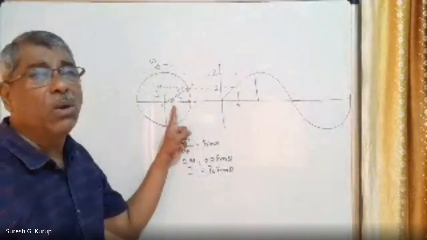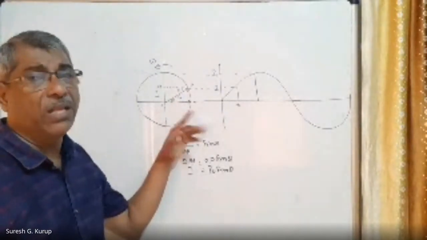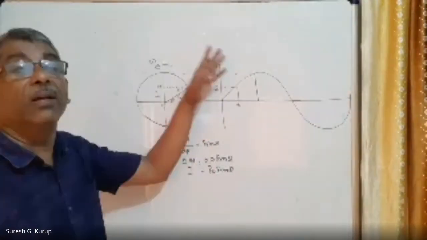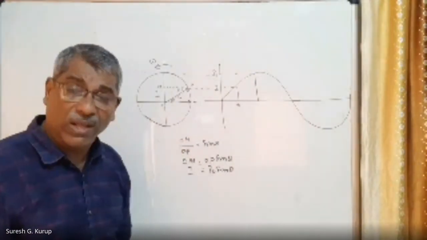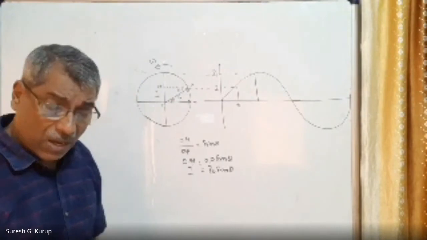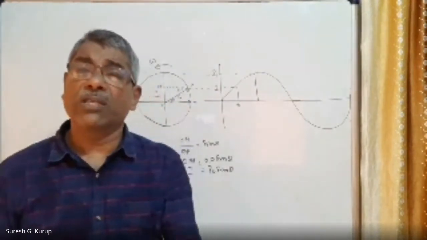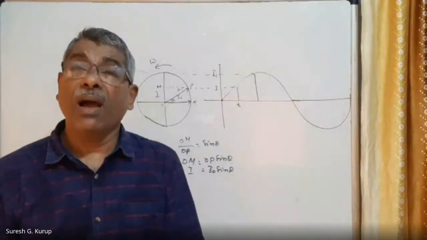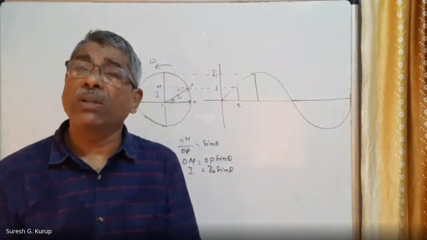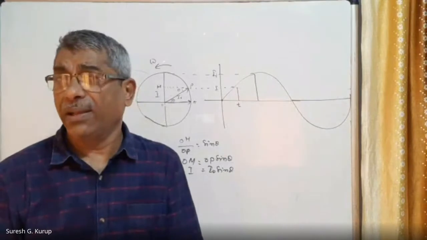Here we have seen only the current phasor. That can be used with the voltage phasor also, right? So we are very much concerned about this term, because to deal with alternating quantities, the role of the phasor is very high, right?